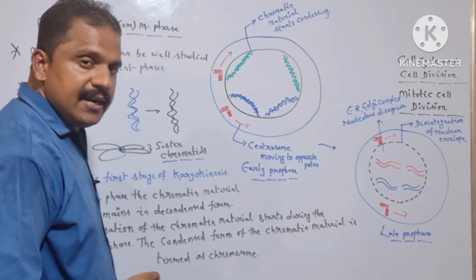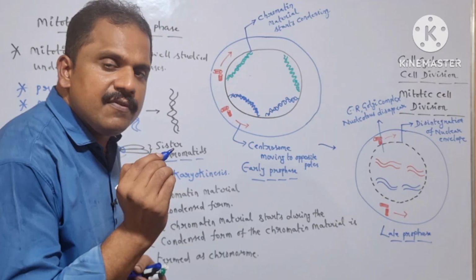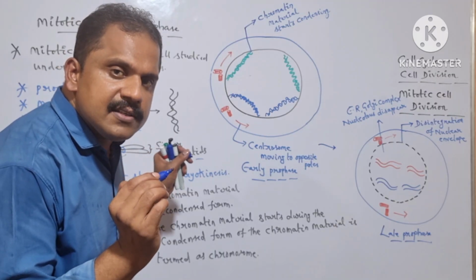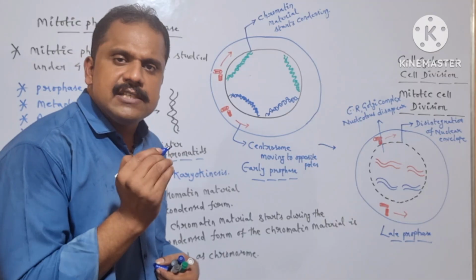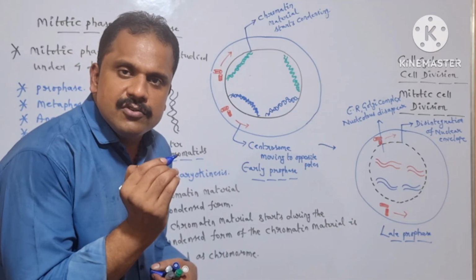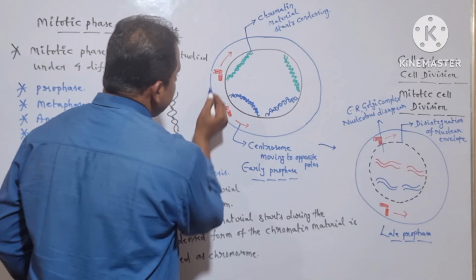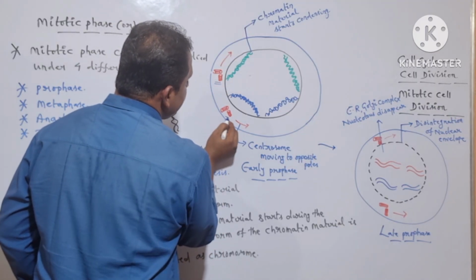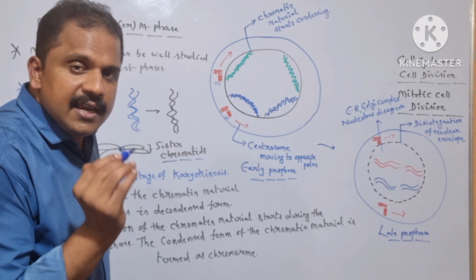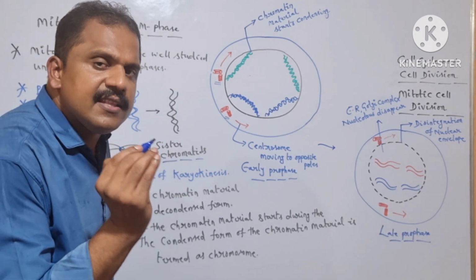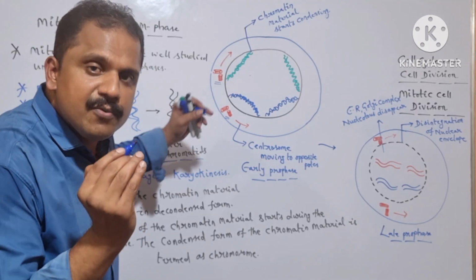Is it clear? And here in the case of animal cells, we can observe one more unique feature in the prophase of the mitotic cell division. In animal cells, during the S phase, the centrosome successfully undergoes duplication. Is it clear? If you look here, the centrosome which successfully undergoes duplication during the S phase in the animal cell, now successfully migrates towards the opposite spindle poles.